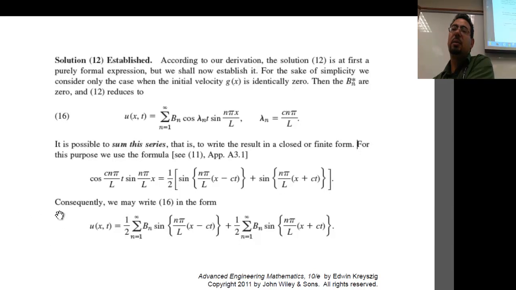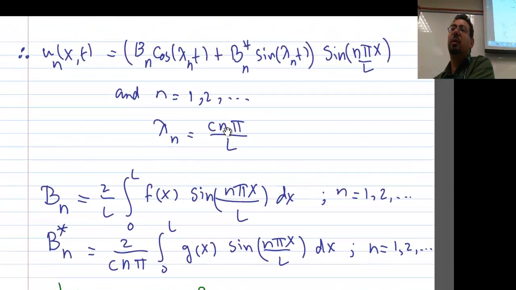You can skip this. So once he has u of x and t, he can say, well, here's my solution. It's the Fourier expansion times the sine. Remember, let's go back again.